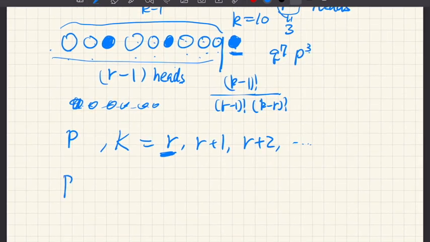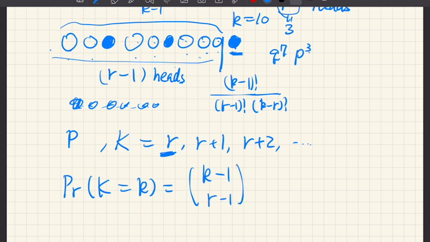Then the probability distribution function for this is given by k minus 1 choose r minus 1, p to the power of r, and q to the power of k minus r.